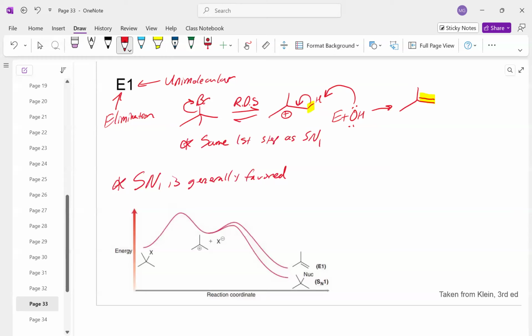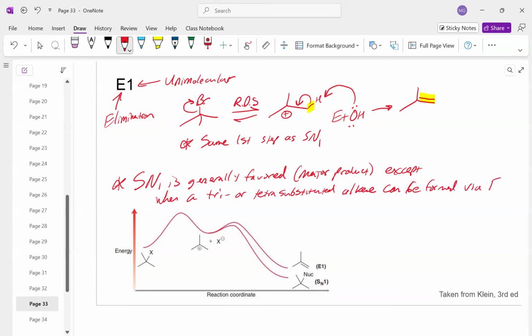So SN1 is generally favored. The substitution will be the major product, except when a tri or tetra substituted alkene can be formed through E1.